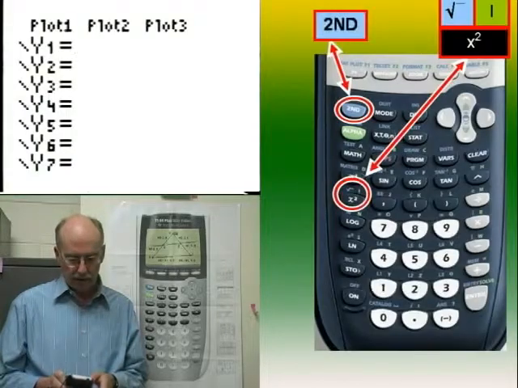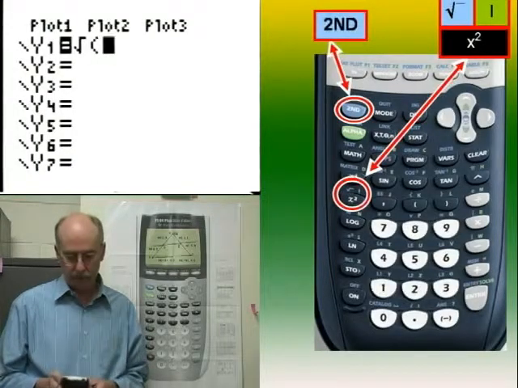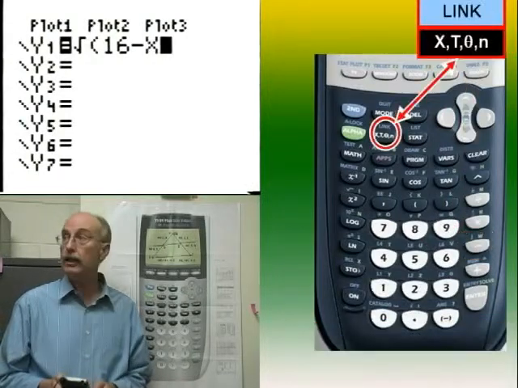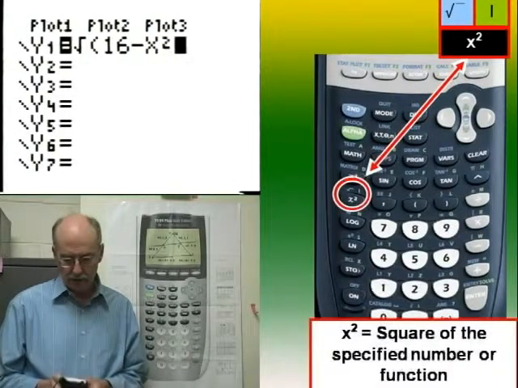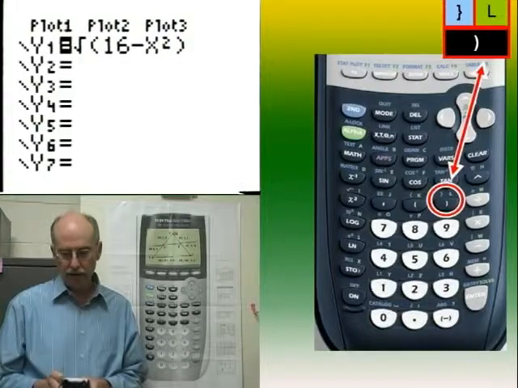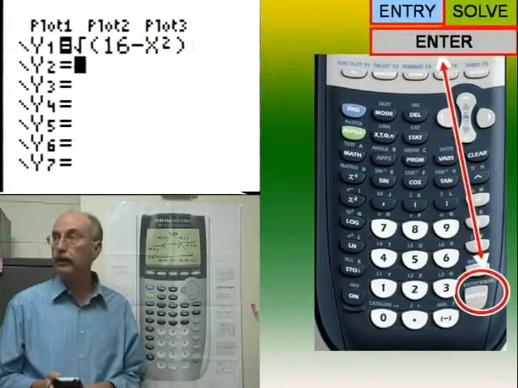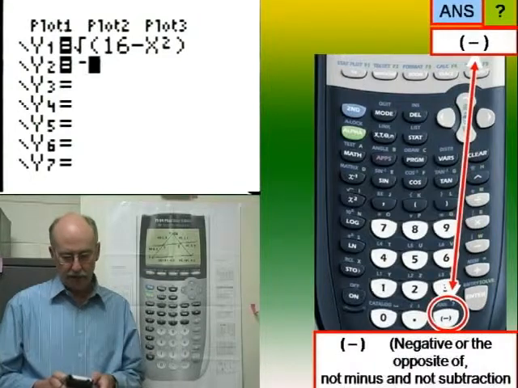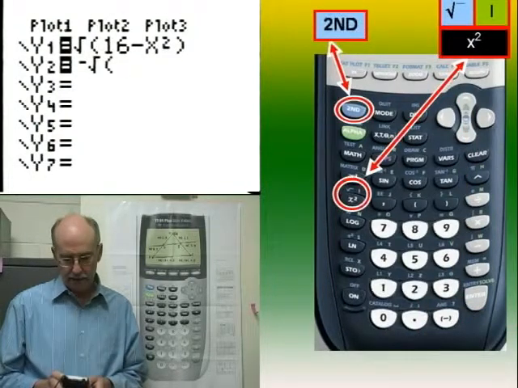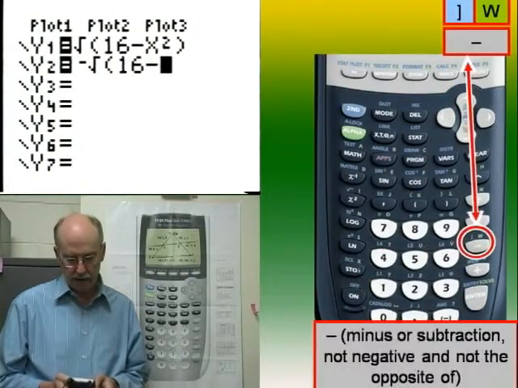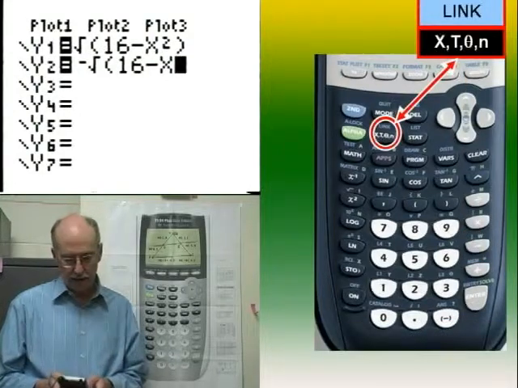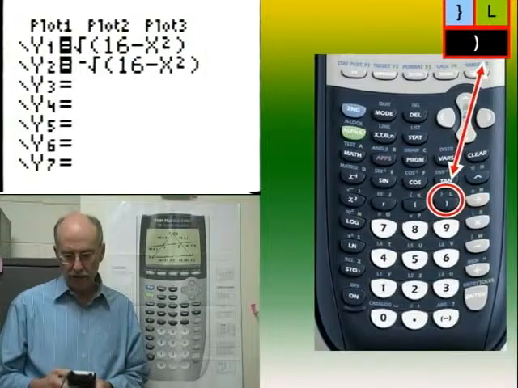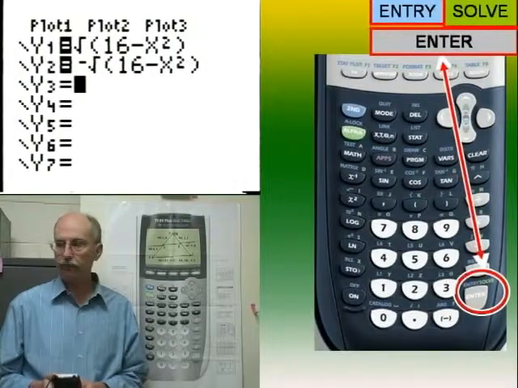We do that by second, square root, 16 minus X,T,theta,n squared, closing parentheses. Press enter, and we go down to the next one, and now we want the opposite of second square root 16 minus X,T,theta,n squared, closing parentheses, and press enter again.